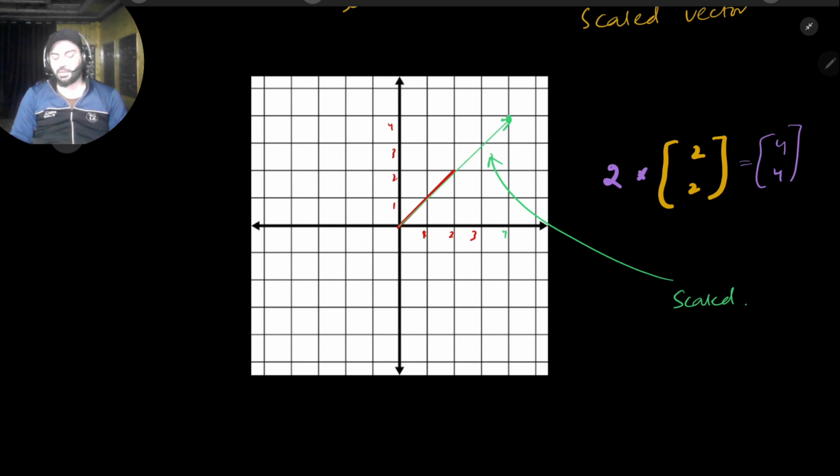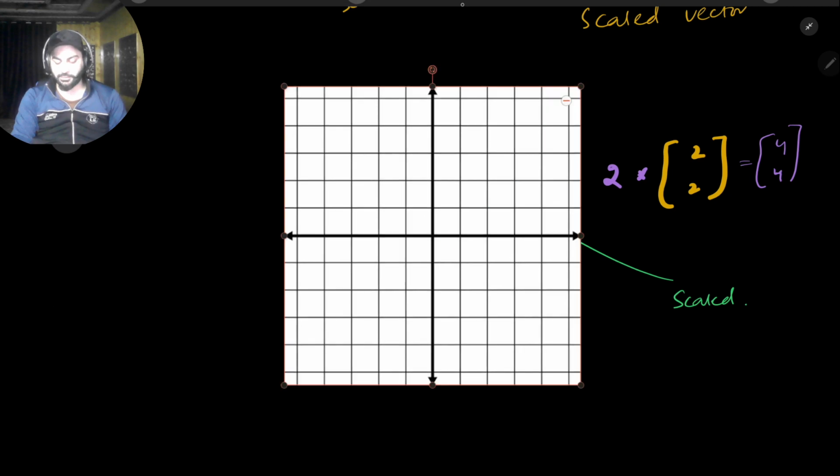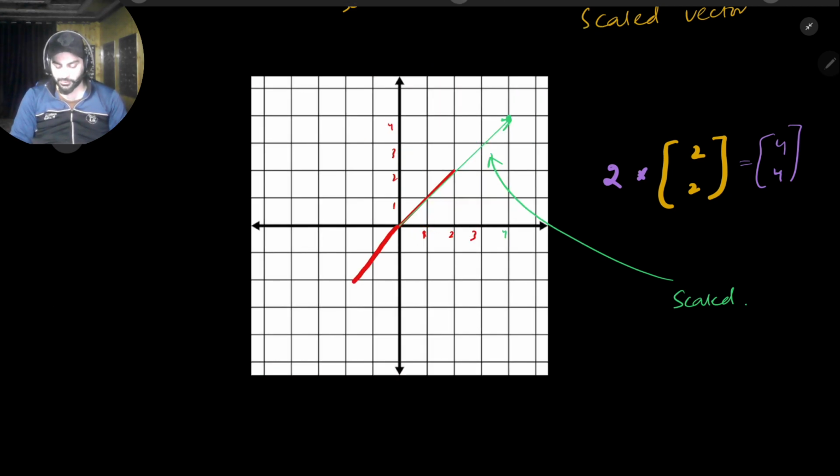You can do the scaling on the negative side as well. For example, if you scale by -2, this vector will reach somewhere around here. This is 1, 2, 3 and 4, 1, 2, 3 and 4. So if you multiply -2 by 2, 2, this will be -4, -4.